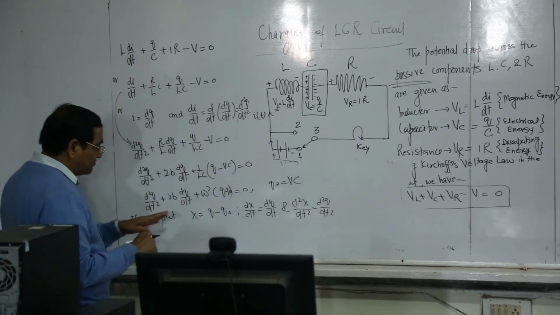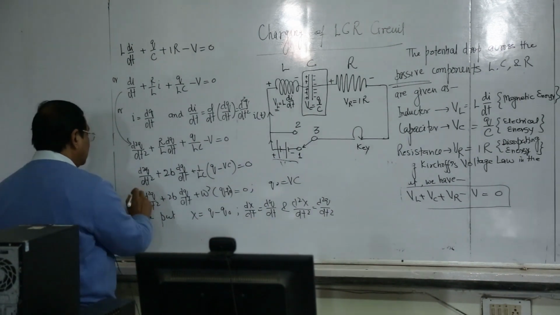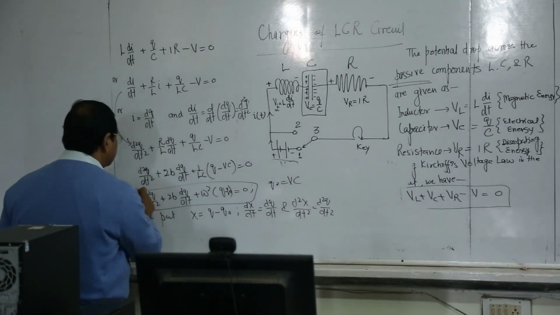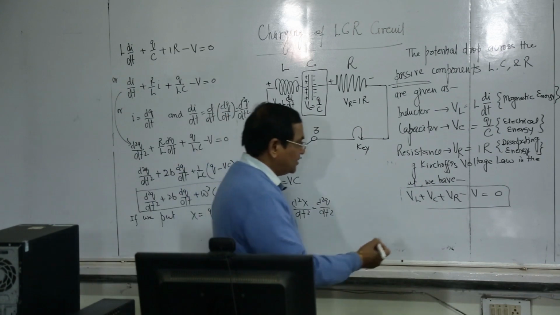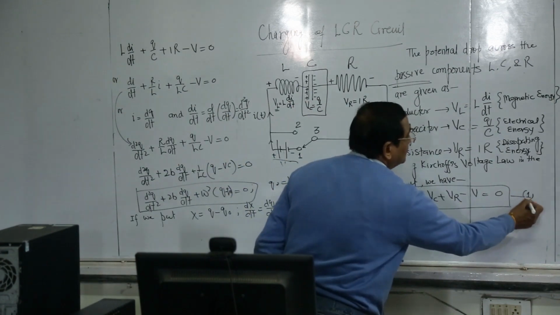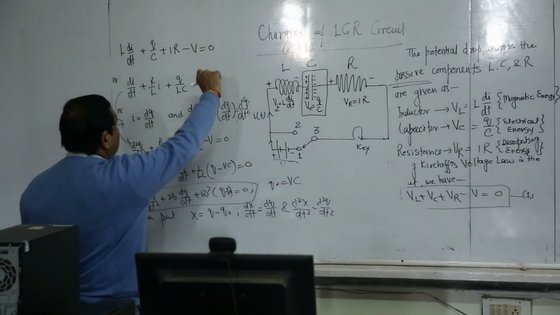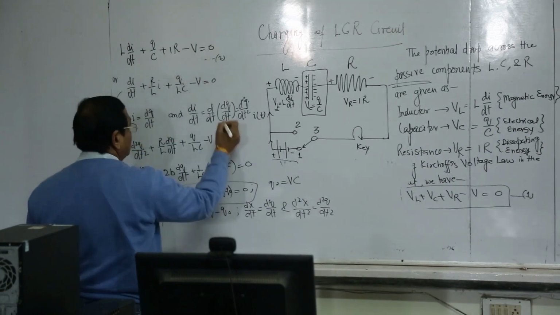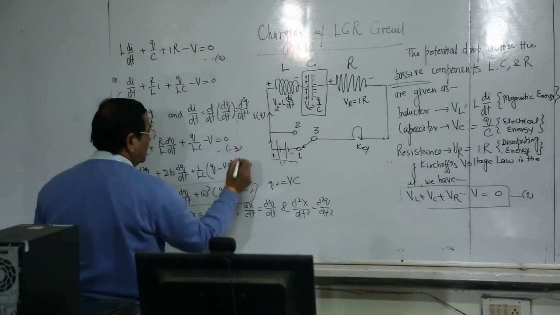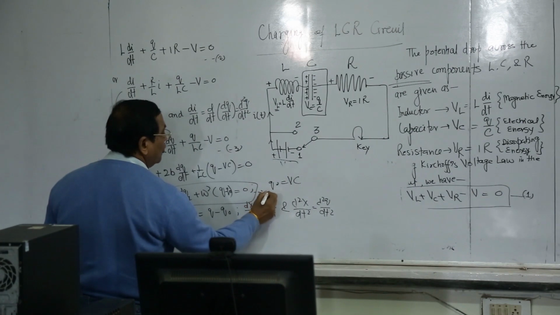So if we substitute this value, this is equation number 1, then equation number 2, equation number 3, and equation number 4.